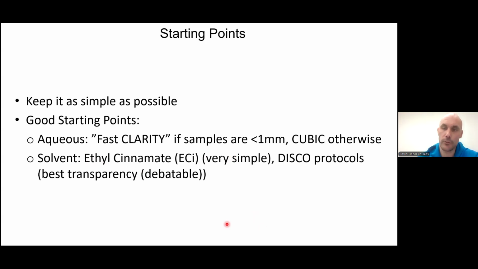For the highest transparency, the Disco protocols create very transparent samples. They are a little more complex and also have some toxic reagents, so this is something to consider. But this was just to give you an idea of where you can start in terms of clearing.